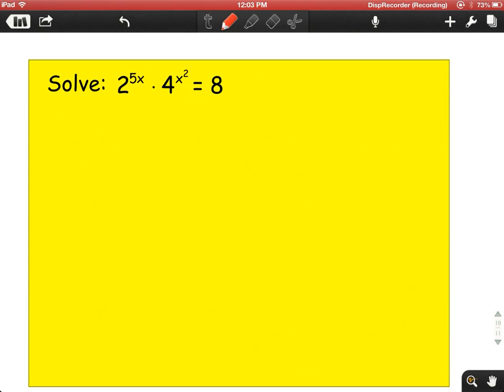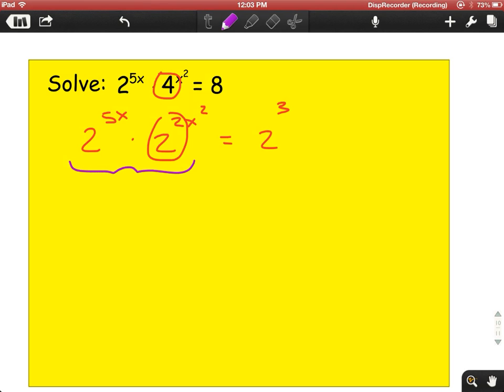And finally, 2 to the 5x times 2 to the 2x squared. So what I did was I took 4 and I just wrote it as 2 squared. And I'm going to do the same thing with 8. I'm going to write that as 2 cubed. And because I have the same base, I can use the exponent rules that says if I multiply like bases, I get the sum of the exponents.